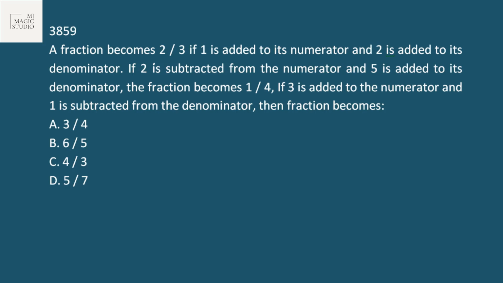A fraction becomes 2 by 3 if 1 is added to its numerator and 2 is added to its denominator. So let the fraction be x by y. Then 1 is added to the numerator, 2 is added to the denominator, and this will become 2 by 3. So we have 3x plus 3 equals 2y plus 4. That means 3x minus 2y is equal to 1.